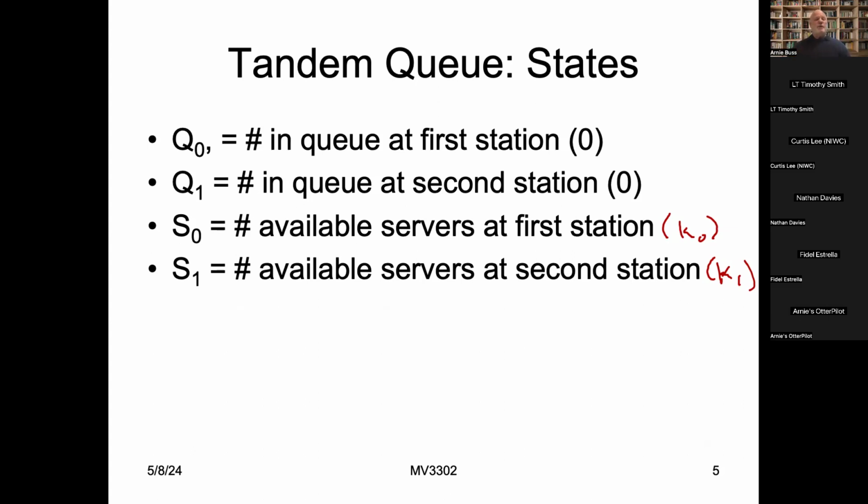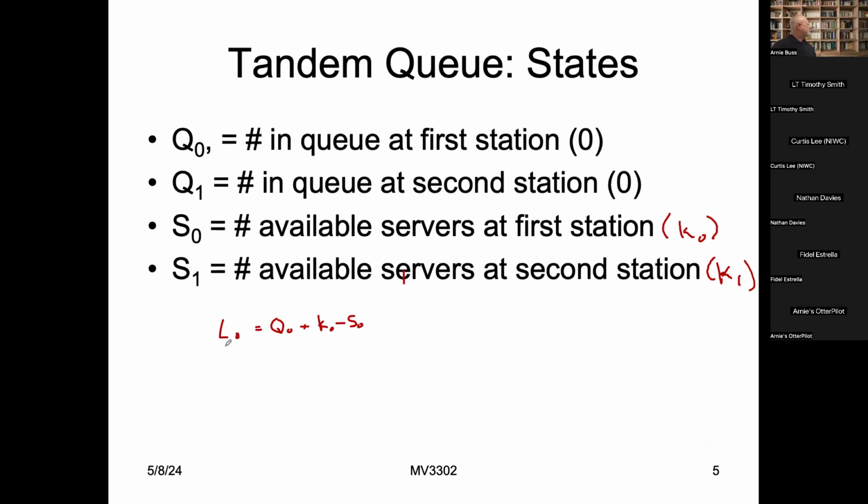But as we've seen before, our L0 would be the number in the queue at 0 plus K0 minus S0.